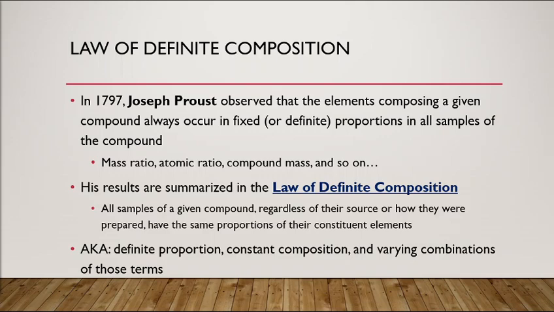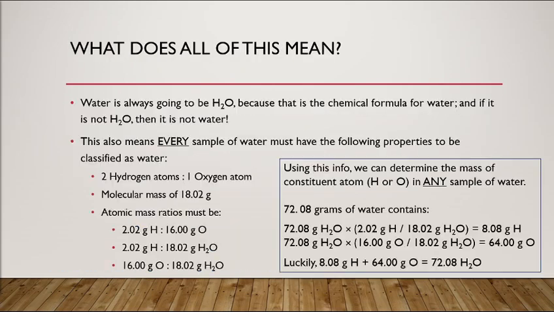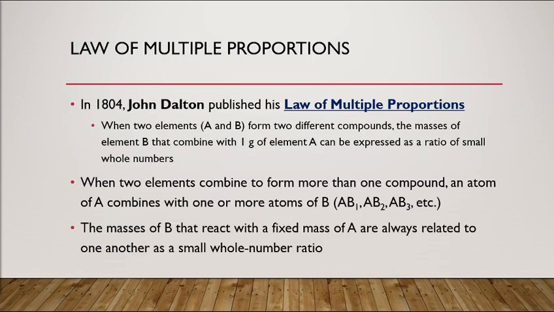But we're still talking about just one thing. And the last one, the law of multiple proportions, we are talking about multiple things. Same two elements, or maybe three elements if you want to get fancy, but in multiple compounds. Hopefully that clears things up, and I look forward to talking to you all in class.